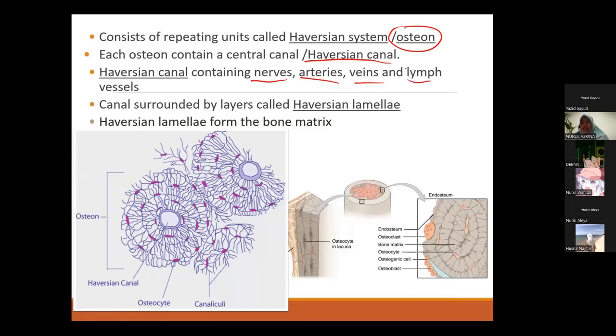Okay, and then the canal is surrounded by Haversian lamella. So this is Haversian canal. Keliling dia tu adalah Haversian lamella, or we call as lamella. Okay, and Haversian lamella will form the bone matrix. Okay, all right. So this is matrix tu lah. Yeah, this is matrix that later will harden. So dia jadi keras. Okay.